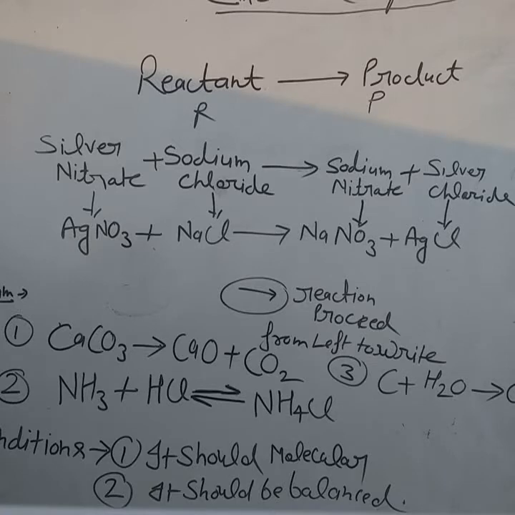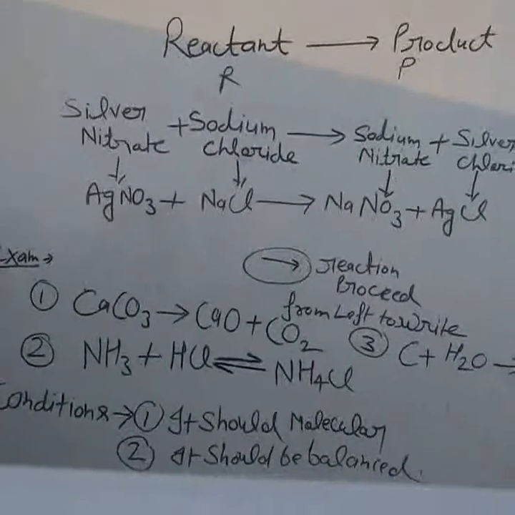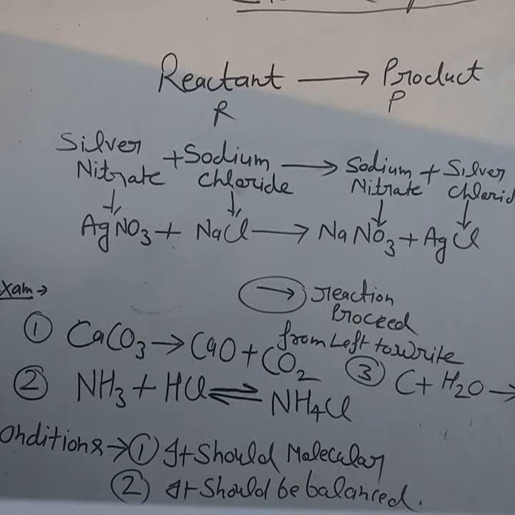Next are the conditions of chemical equations, the conditions necessary for chemical equations. The first condition is that it should be molecular. All reactants and products, whether elements or compounds, should be written in molecular form.